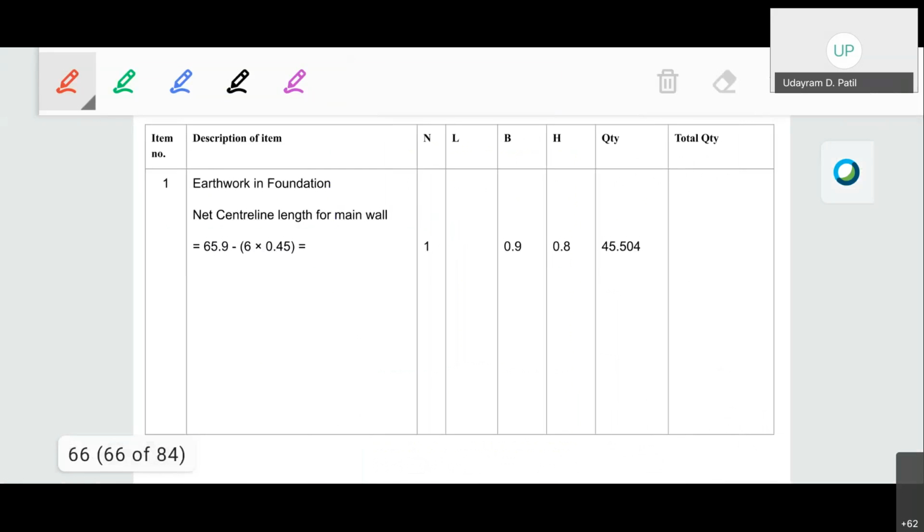That will give us the height. Okay, so the net center line length is already given to us, width is 0.9 and height is 0.2 meter.